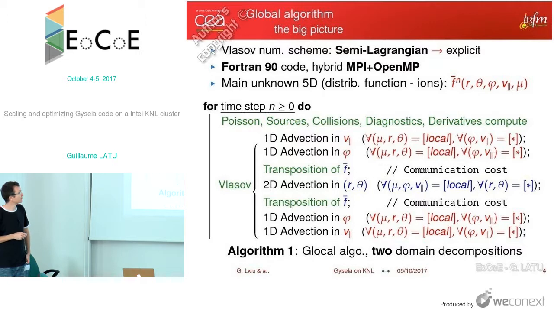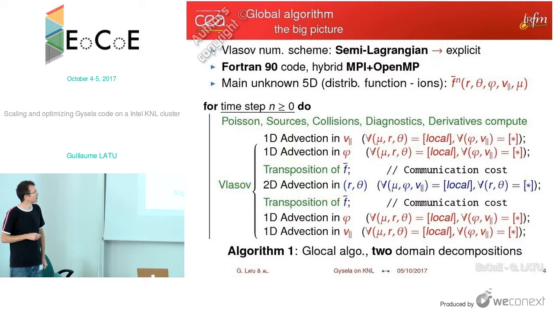So here is the domain decomposition for MPI. We have locality in mu, r, and theta, and we have all the points in phi and v parallel. Then we have a transposition, a big MPI point-to-point communication.